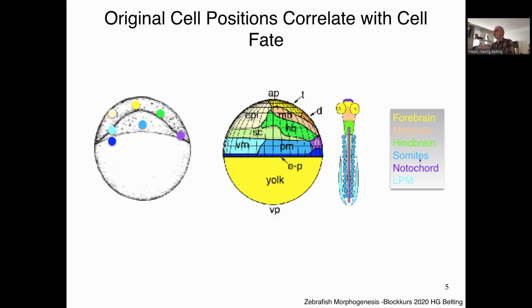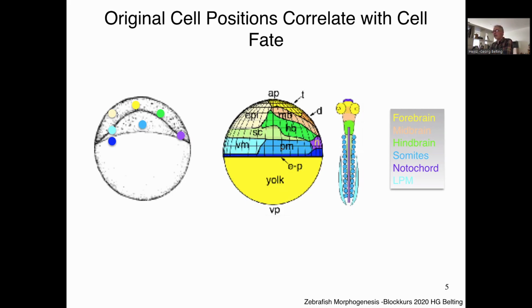Okay, so you find a correlation between the origin of a cell and what kind of structure it will become. And that is then called a fate map. If you do this many times, then you can extrapolate from a single experiment to get a general trend, and then you see that at this stage the embryo already has a fate map where the plan is laid out for what is going to happen later.